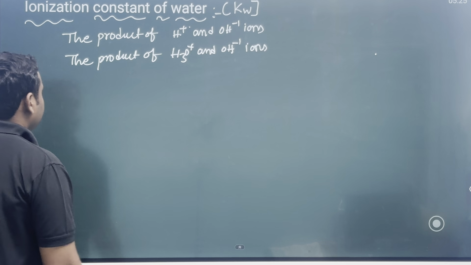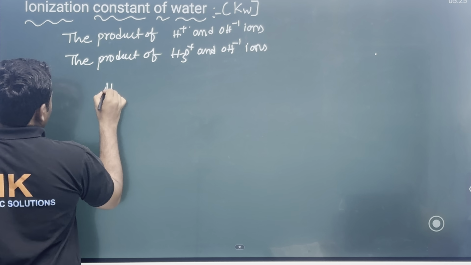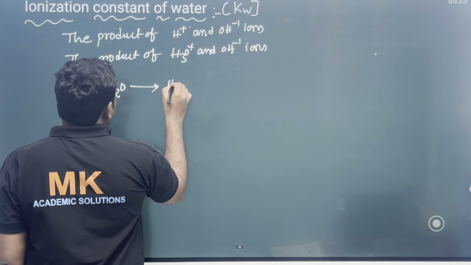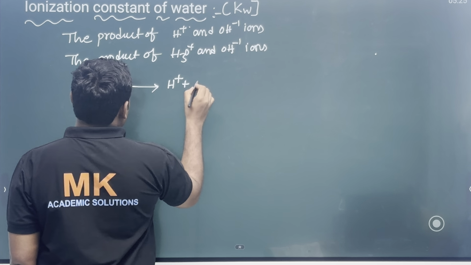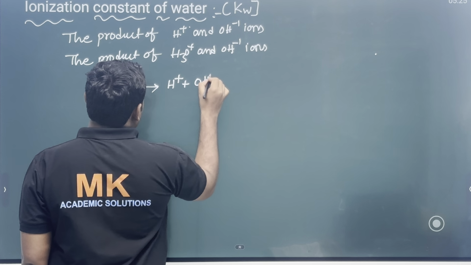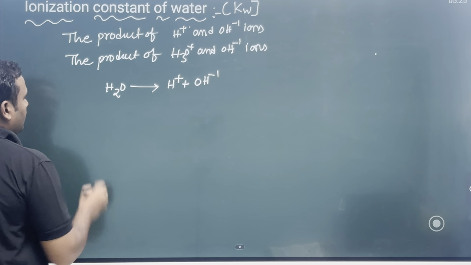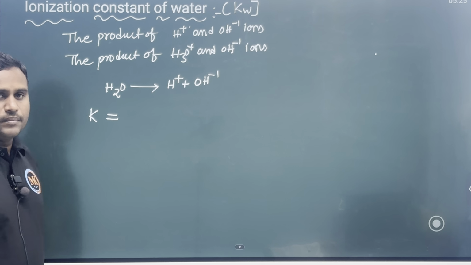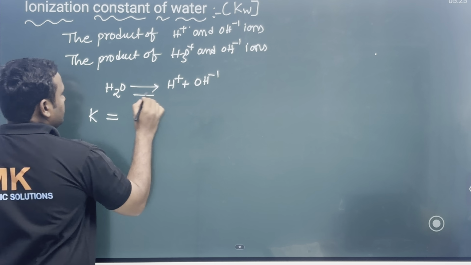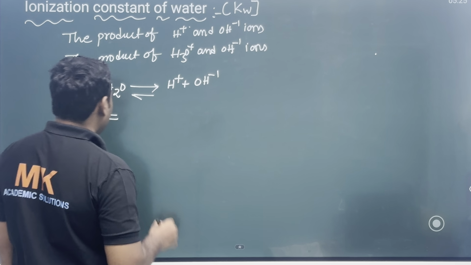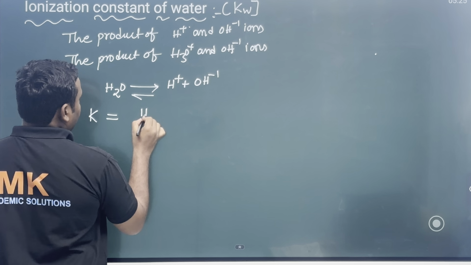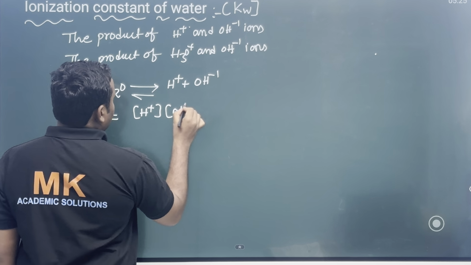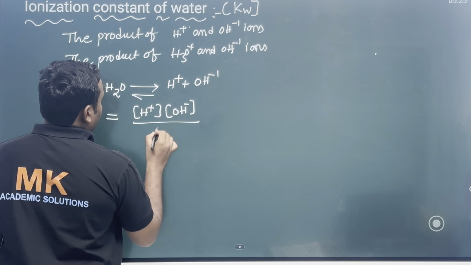Okay. We take H2O. This H2O dissociates as H plus plus OH minus. For this, how do we write the equilibrium constant K? Just remember how we write it: K is equal to H plus into OH minus by H2O.